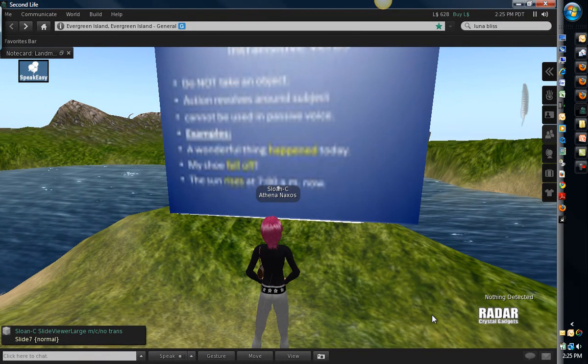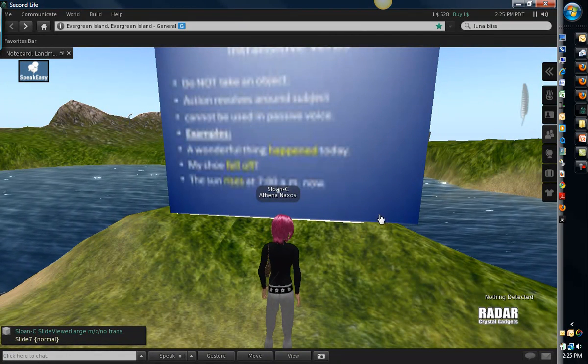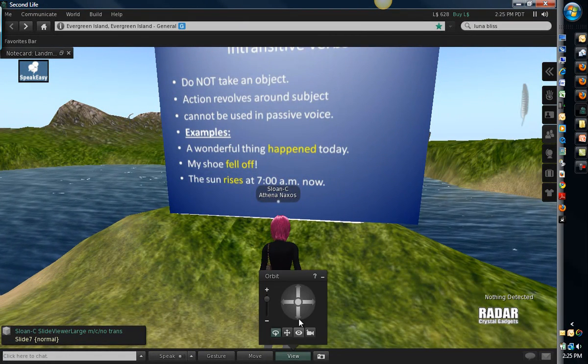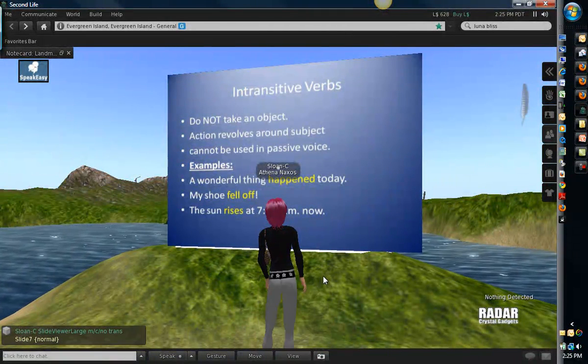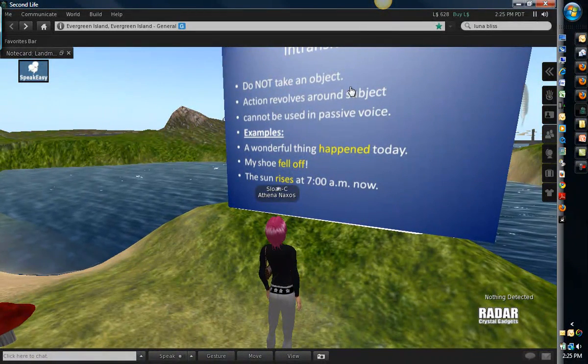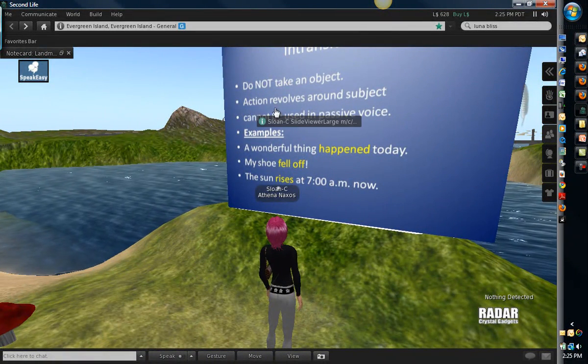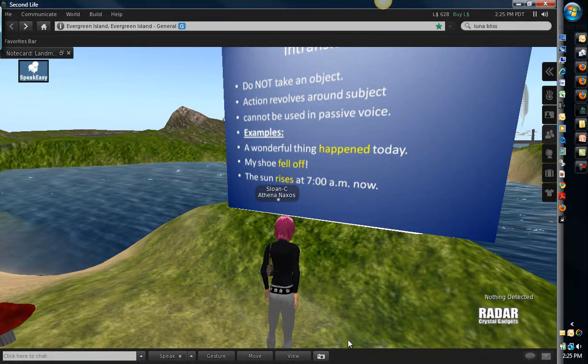Okay, we're getting to the end of the lecture. I won't talk for very much longer, I promise. I just want to tell you about intransitive verbs. Intransitive verbs, in summary, do not take an object and the action revolves around the subject. That means the subject is really the most important thing.